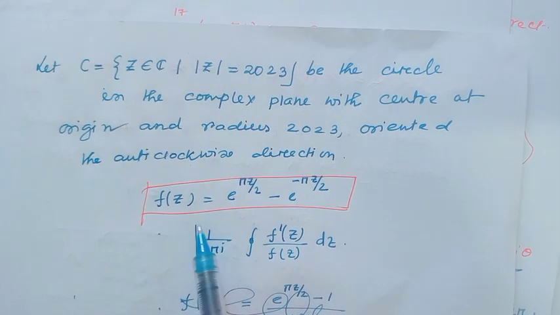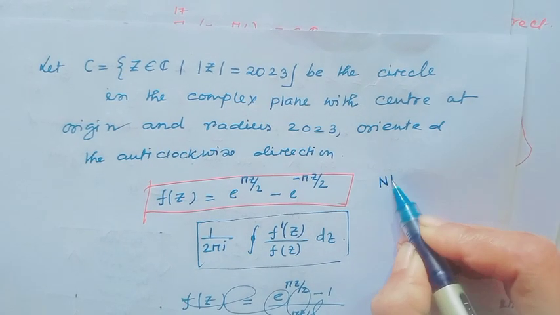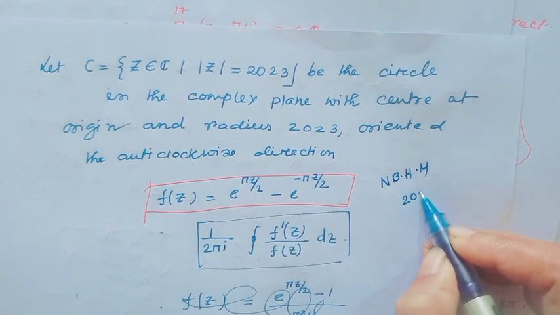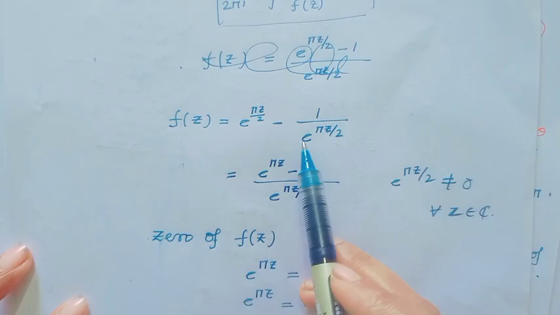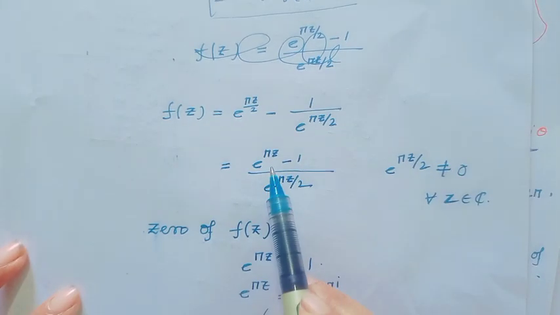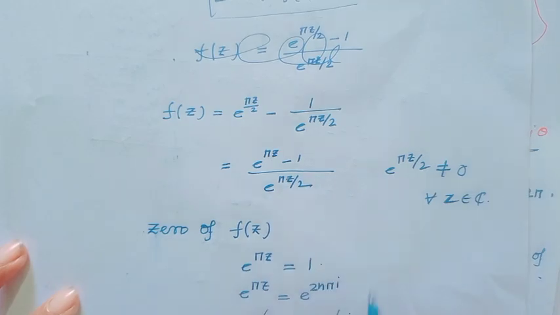Then evaluate this value. This question came in the NBHM exam 2023. Here f(z) equals (e to the power pi z minus 1) divided by e to the power pi z over 2.